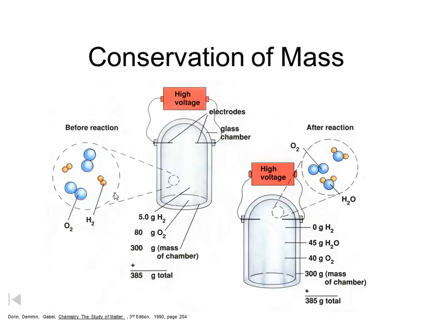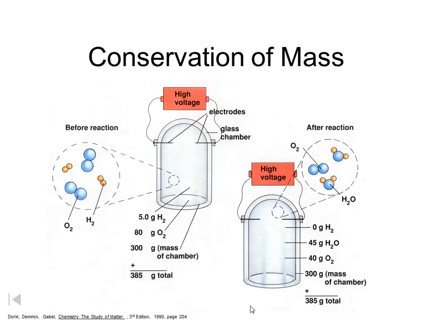If we start off with a certain number of hydrogen atoms, we'll end up with that same number of hydrogen atoms. Start off with a certain number of oxygen atoms, we'll end up with that same number of oxygen atoms. Here, if we start off with 385 grams of total mass and we react, we will have 385 total grams after the fact.